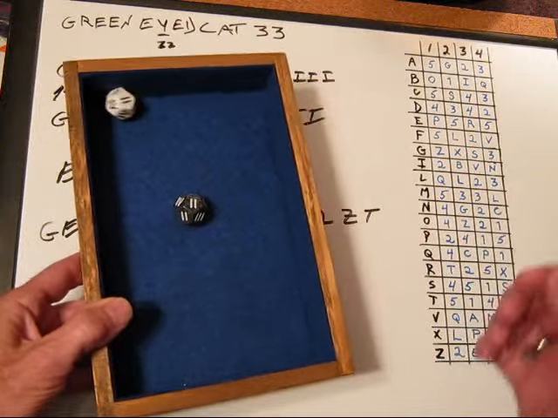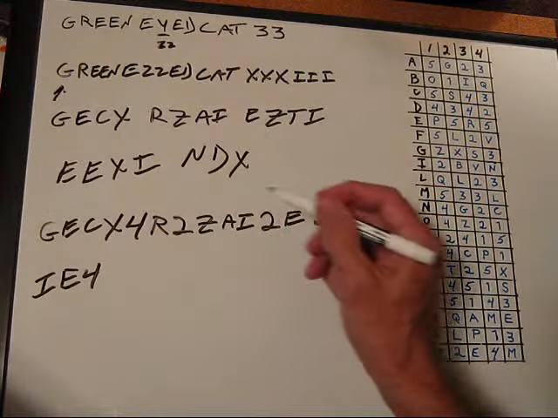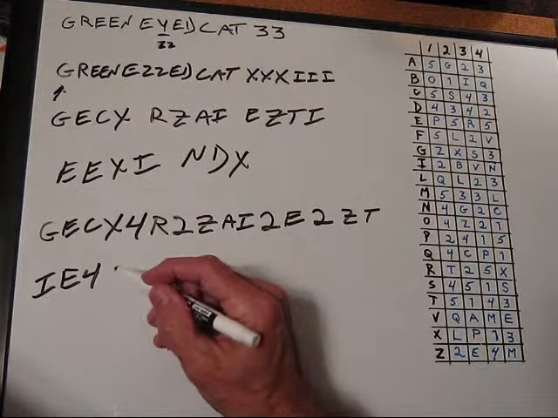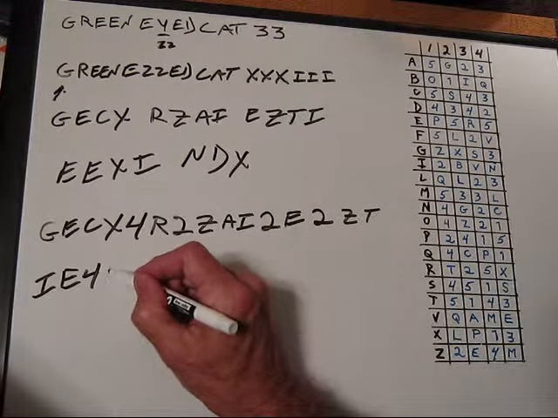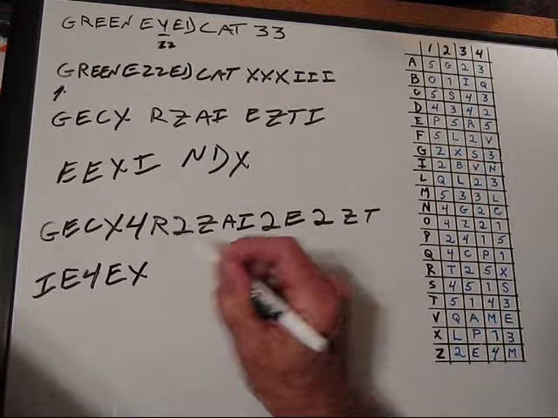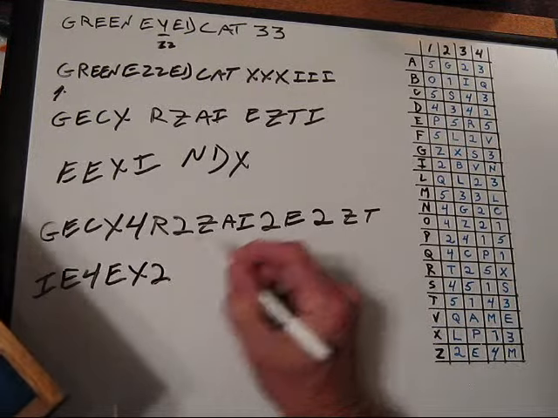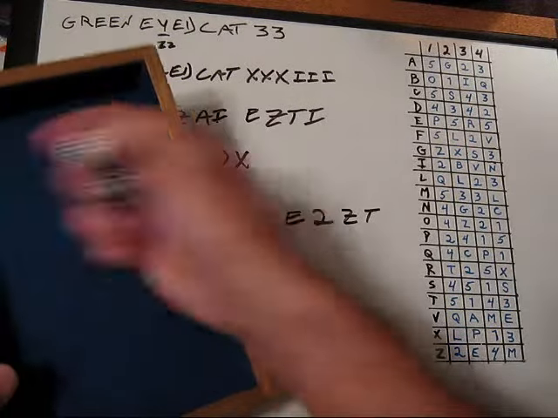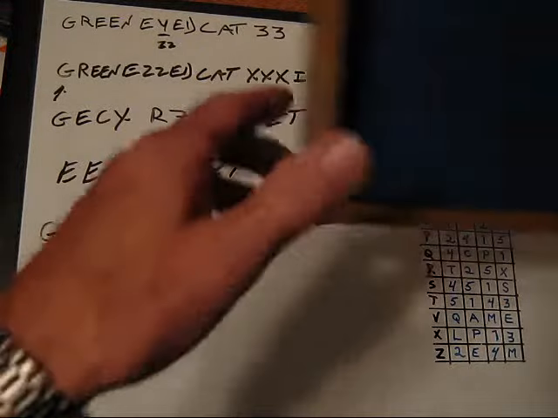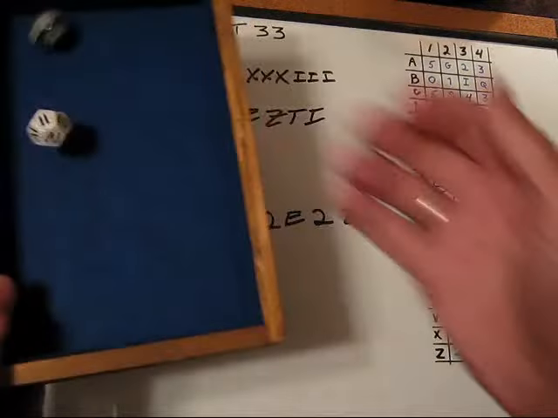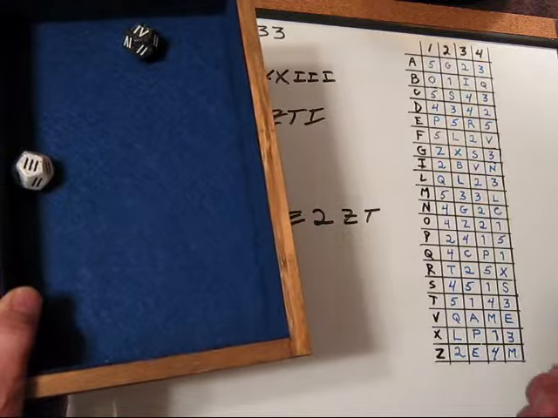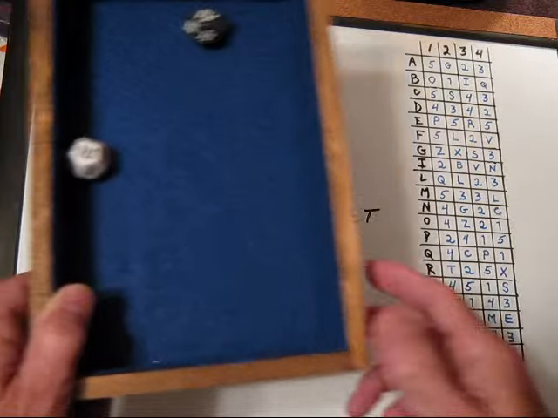Roll again. Go over 2 and do a 2. E, X. Do a 2. Go ahead with the roll. We go over 4 and do a 3.